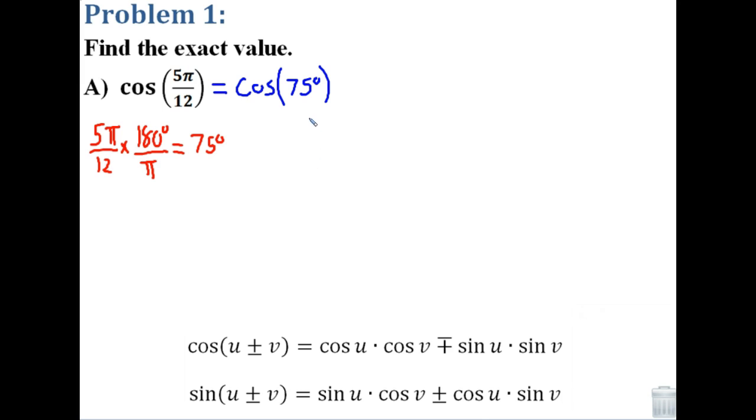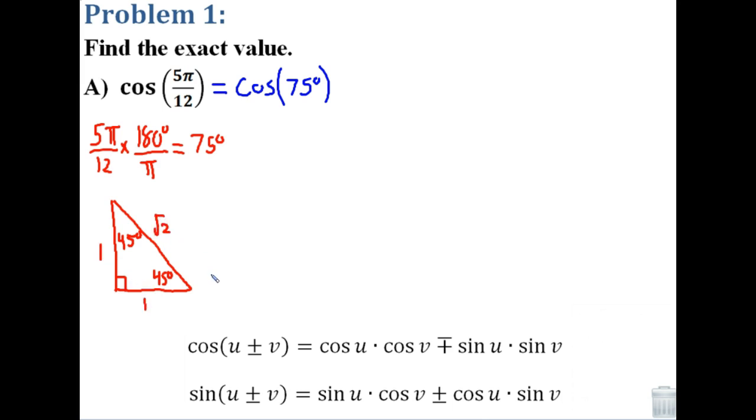Now the trick is going to be writing this 75 degrees in terms of angles I know how to find the sines and cosines for. Remember, the angles we know are 45, 30, and 60. Coming from our 45, 45, 90 right triangle, which had sides of 1, 1, and root 2.